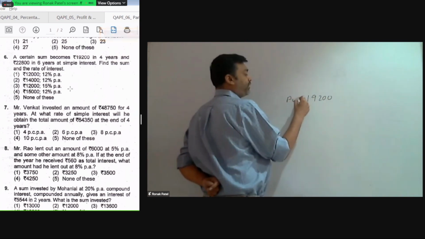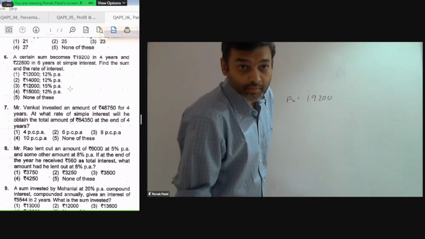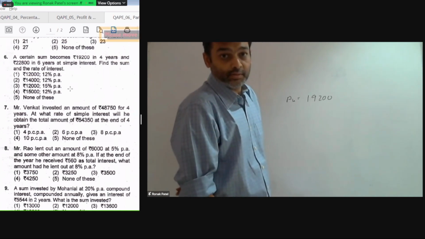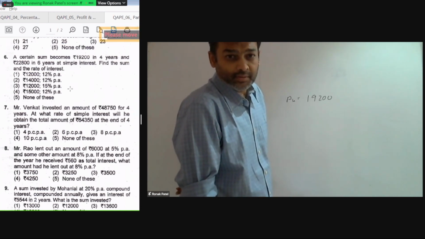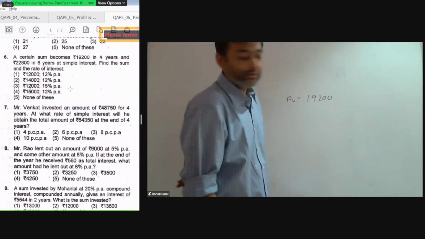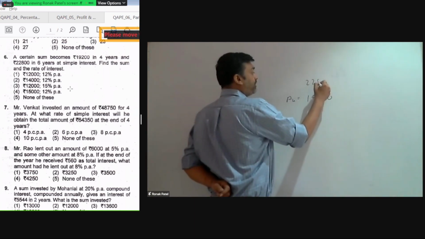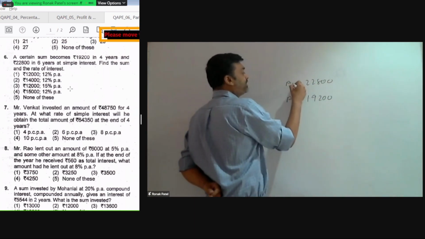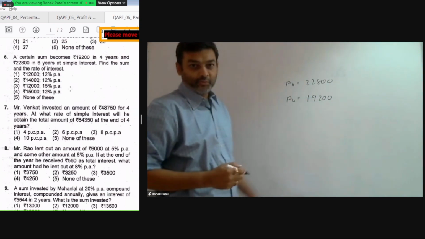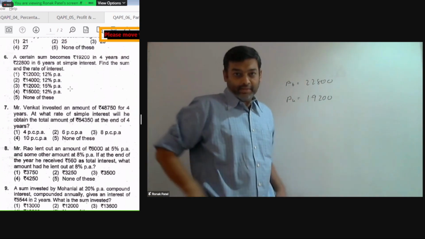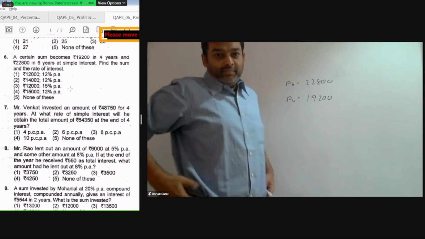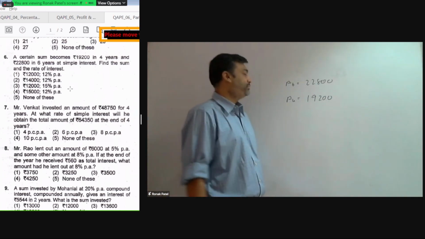This is amount after 4 years, and 22,800 in 6 years. This you are given, the amount at a simple rate. Find the sum and the rate. Who will tell me how to do?